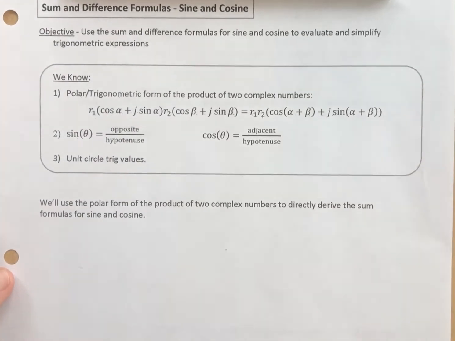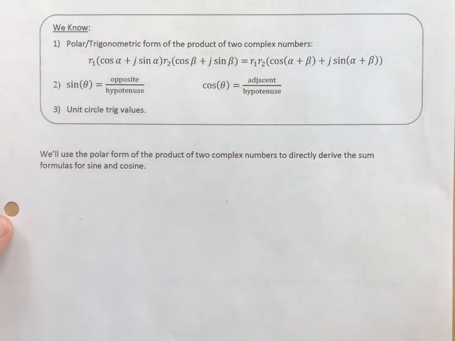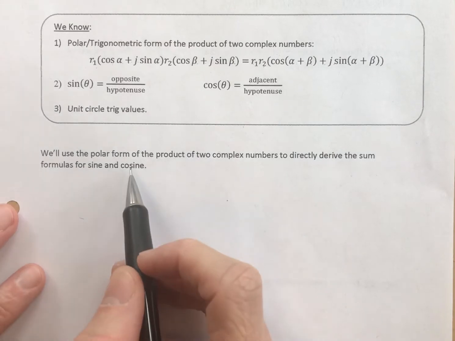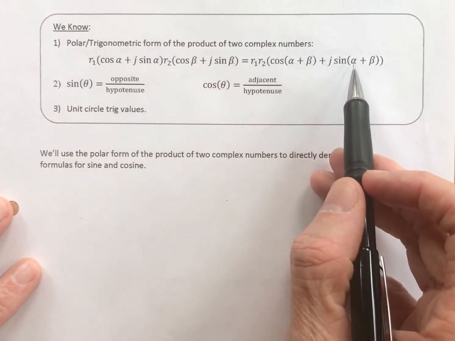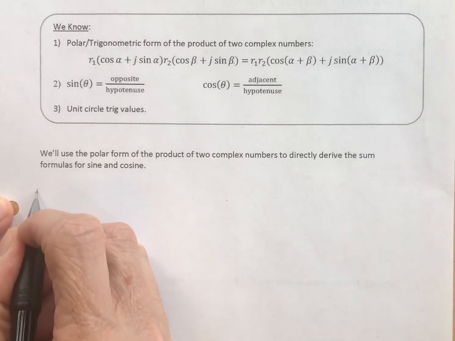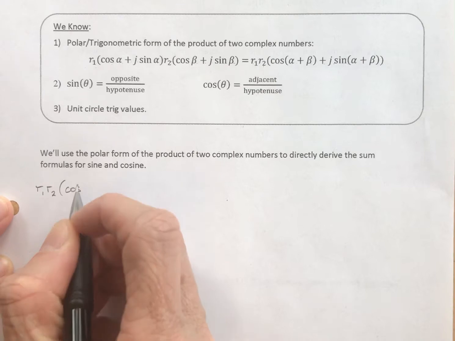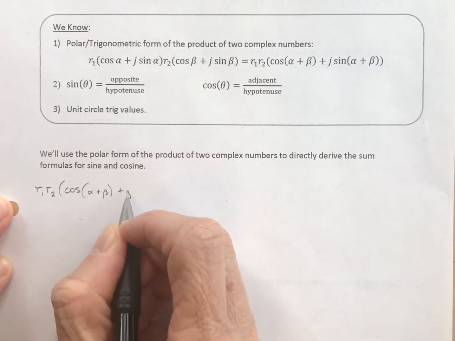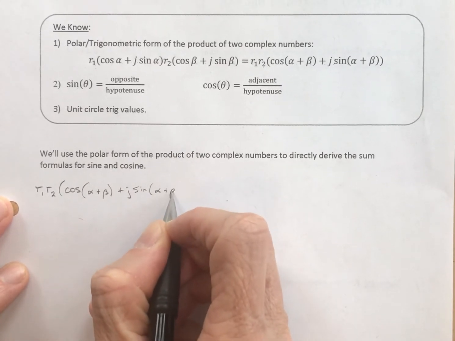Okay, so let's use that polar form of the product of two complex numbers to directly derive the sum formulas for the sine and cosine. I'm going to write this part first: r sub 1 times r sub 2 times the cosine of alpha plus beta plus j times the sine of alpha plus beta.